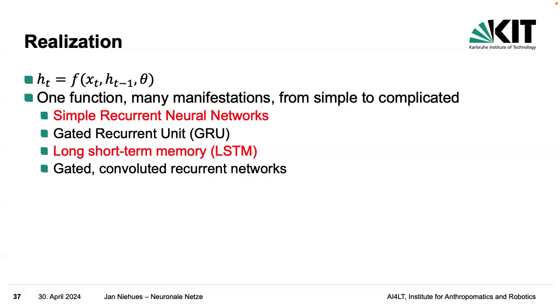We'll first look at the simple recurrent neural network, which does that as simply as possible. Then there are other things like gated recurrent units, or we'll look in more detail into long short-term memories. But in all of them, the idea is that you somehow have to do this type of function. And then we're doing the same unrolling.